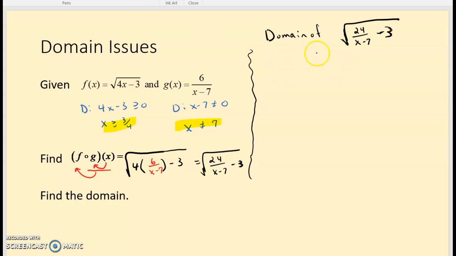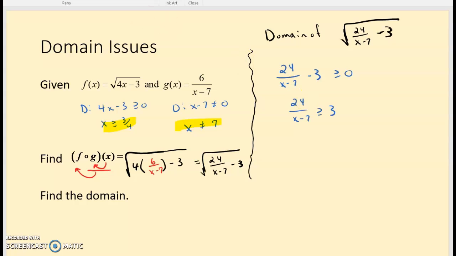In this case, we have a square root, so let's let things under the square root be greater than or equal to 0. As I clean this up, that'll look like 24 over x minus 7, minus 3, will be greater than or equal to 0. In solving that, we can bring the 3 over.